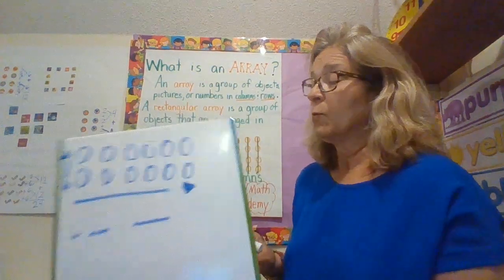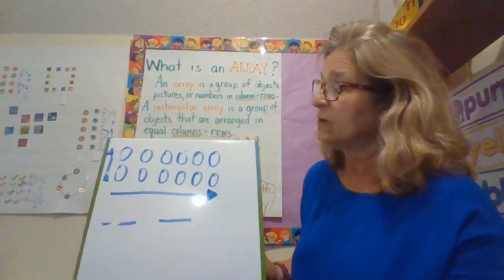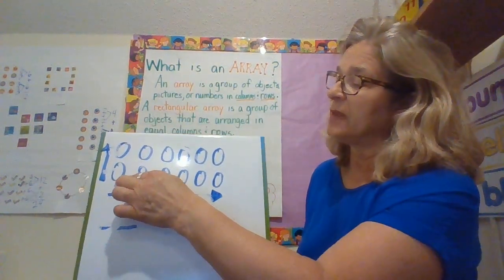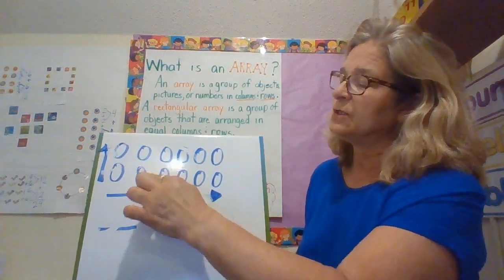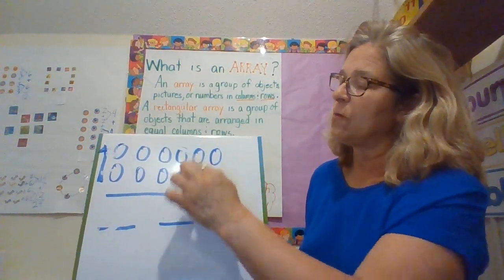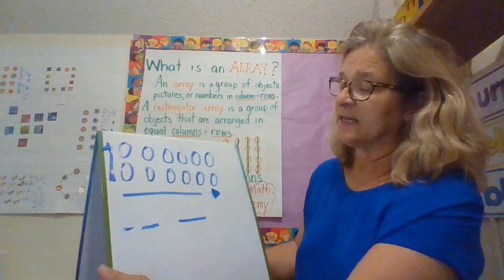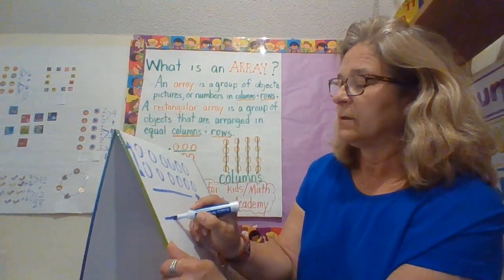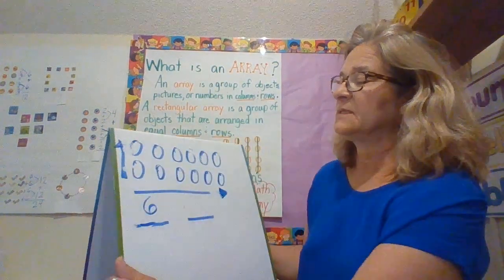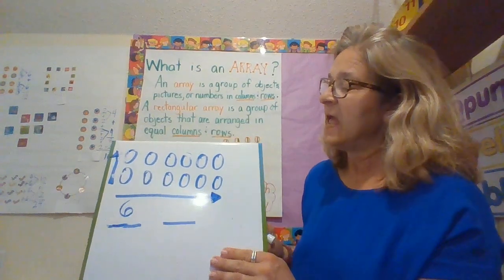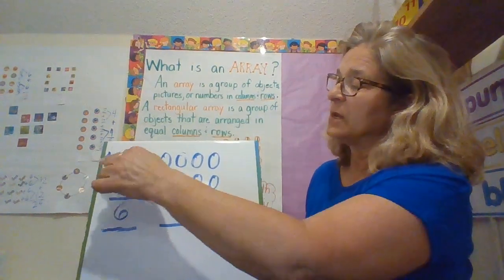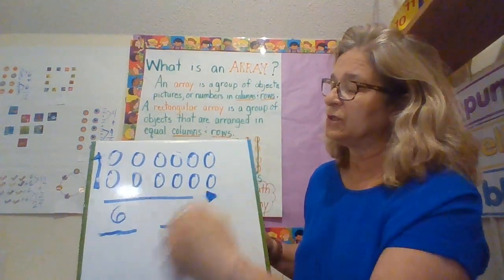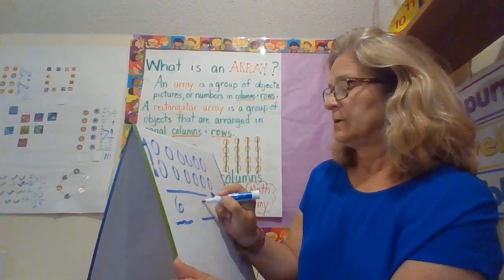One more. When we look at this, we're going to see how many columns are there. 1, 2, 3, 4, 5, 6. There are 6 columns, and there are how many rows? 1, 2 rows.